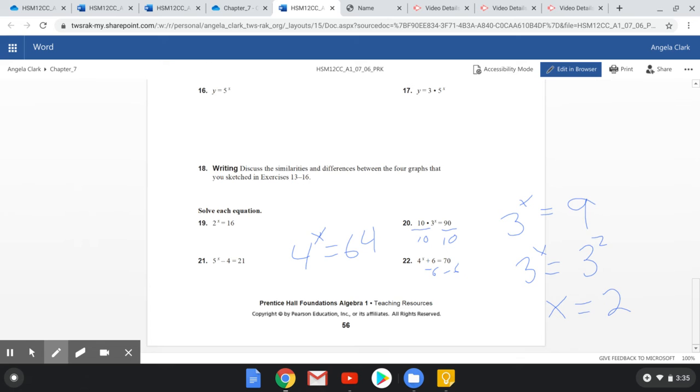And then I'm going to say, okay, 4 to what power equals 64? If I don't know off the top of my head, I can check with a calculator, or I can check with my fingers.